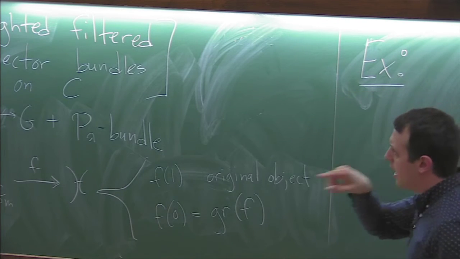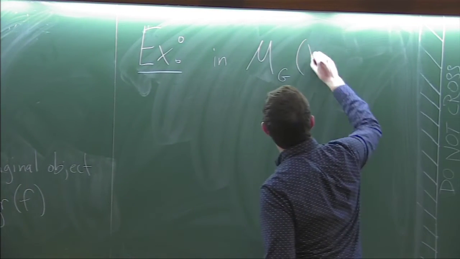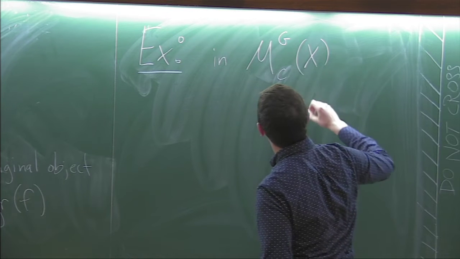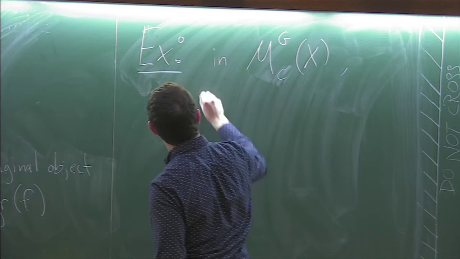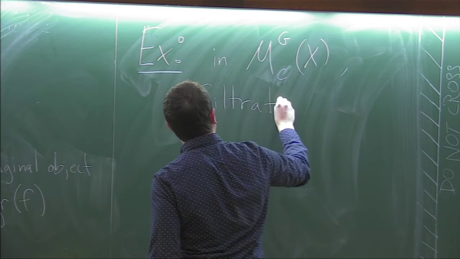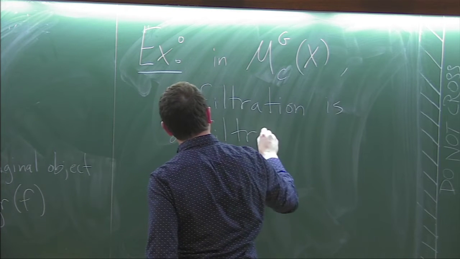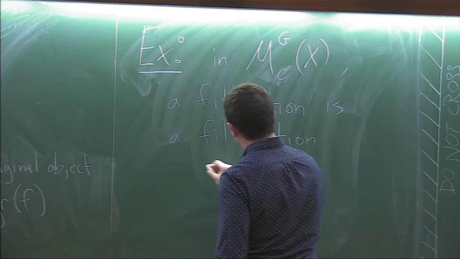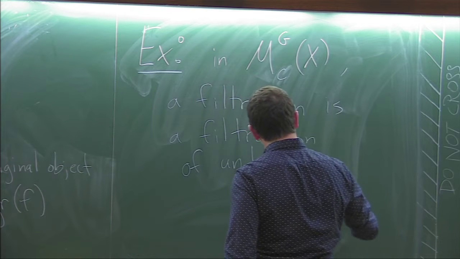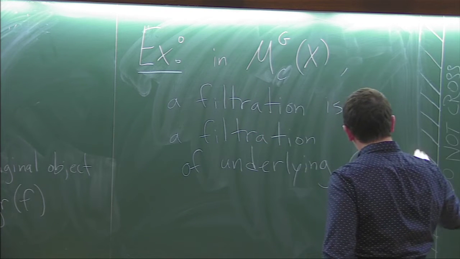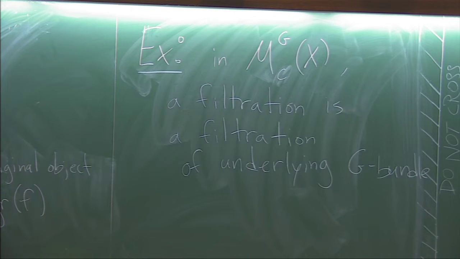So in our moduli problem, MCG of X, a filtration is just a filtration of the underlying G bundle. And that's essentially because this map P is proper.